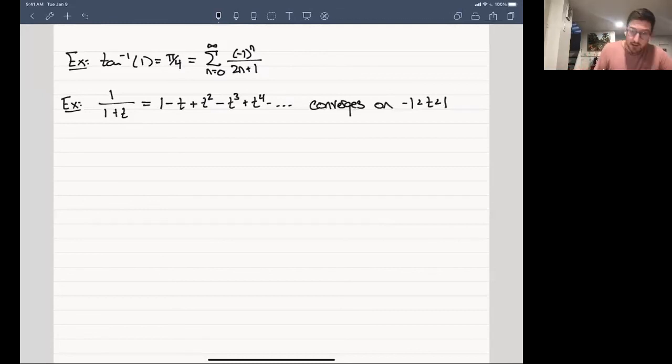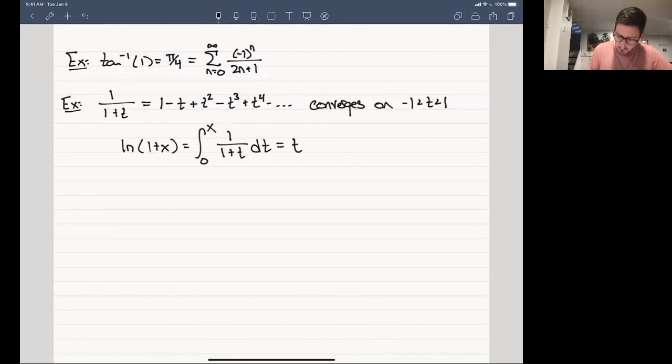But what is exciting is I know that if I integrate this thing, I get the logarithm. So in particular, the logarithm of 1 plus x is equal to the definite integral from 0 to x of 1 over 1 plus t dt. We do term-wise integration: t minus t squared over 2 plus t cubed over 3 minus t to the 4 over 4, and so on, going from 0 to x.